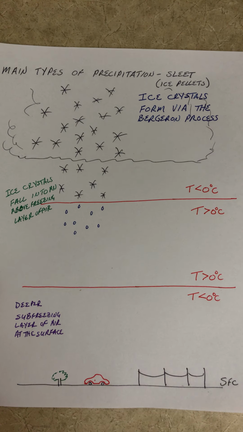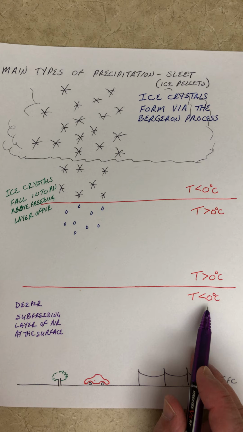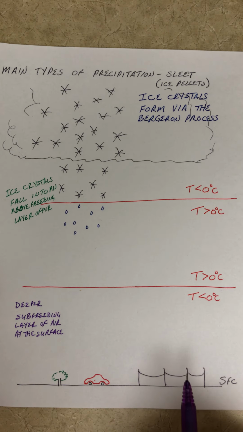So all the objects at the Earth's surface, again, are going to be equal to the air temperature. They're going to be below zero.